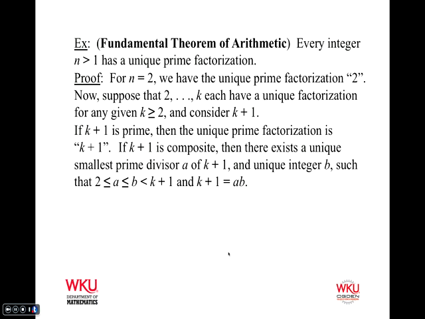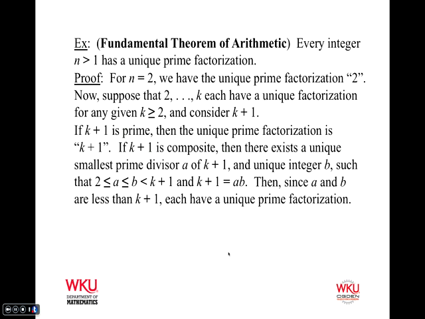Each of those, by our assumption, has a unique prime factorization because it's a number less than k plus 1, bigger than or equal to 2. So since each of those numbers has its own unique prime factorization, the product of the two will be unique. And that's it. So k plus 1 then has a unique prime factorization.